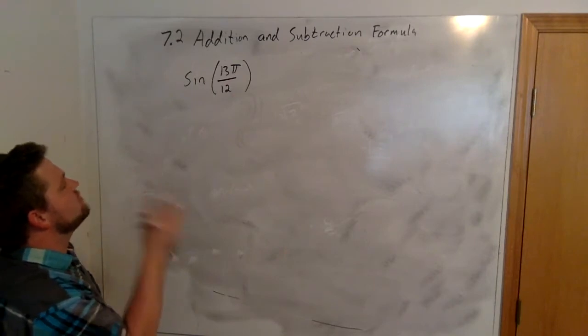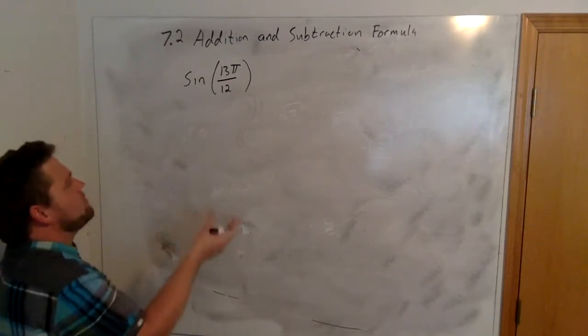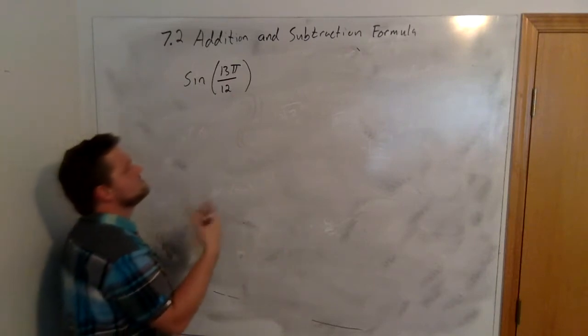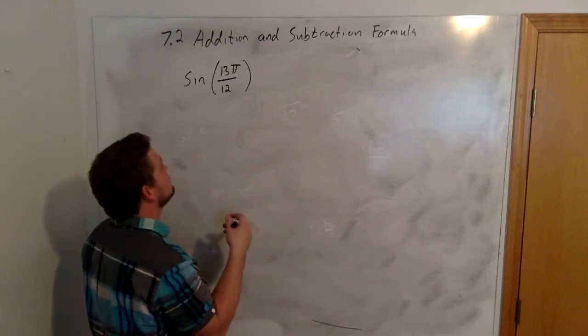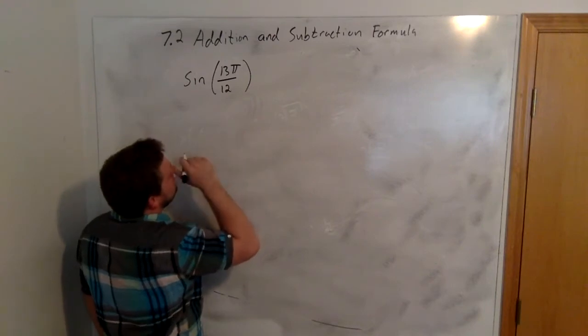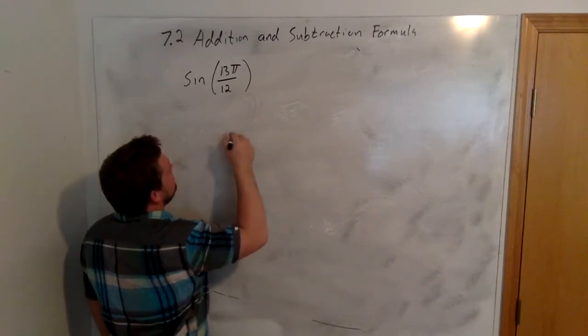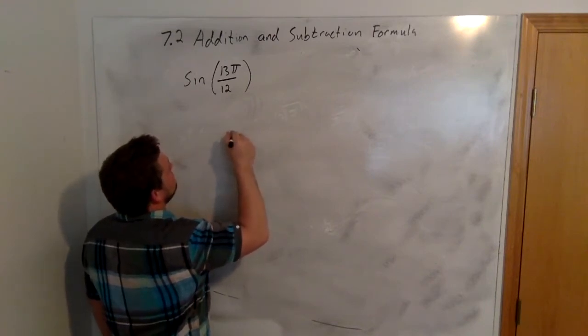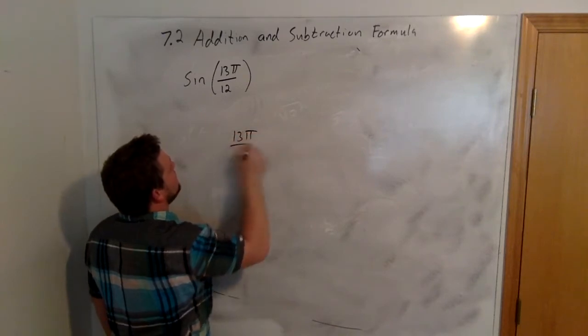Okay, so I need to break up 13 into two pieces, so that when I divide by 12, I get multiples of pi over 6 and multiples of pi over 4. So let's see, how about 13 pi over 12?